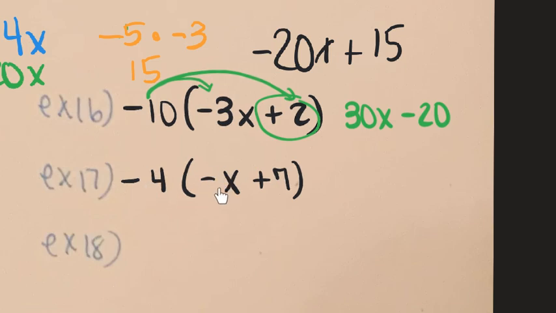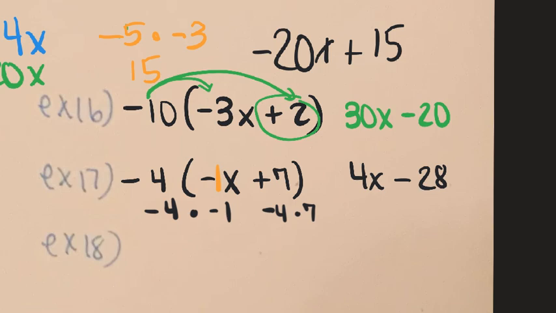Now this one doesn't look like it has a number, but when there is no number, that's a 1. So I've got a negative 4 times a negative 1. Two negatives make a positive, so my answer there is positive 4 smushed with x. And negative 4 times positive 7 is negative 28.